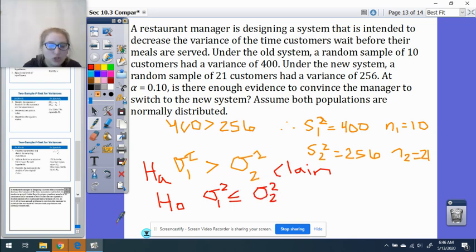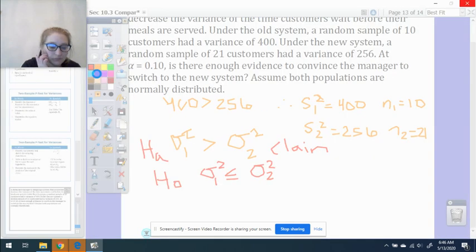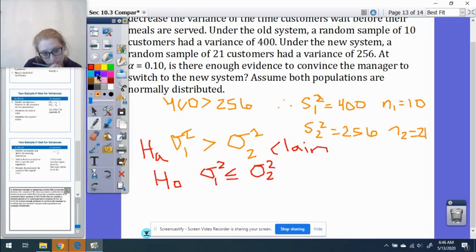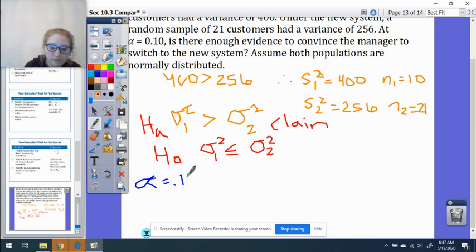Okay, so from here, we're going to go ahead and find our critical value. For our alpha level, we have 0.10, and this is a single tail test.